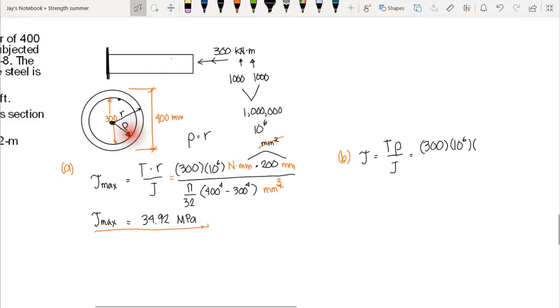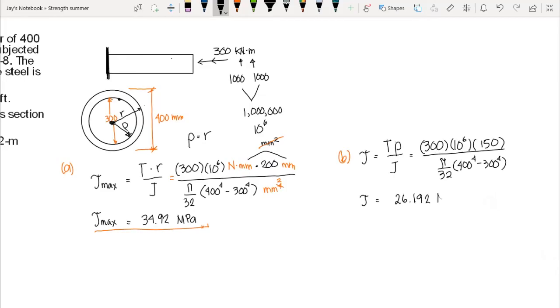So rho is the radius of 300, that is 150 millimeter, over the polar moment of inertia, pi over 32 times 400 raised to the 4th minus 300 raised to the 4th, and our shear is equal to 26.192 megapascal. This is the shear stress in the inside section of the hollow steel tube.